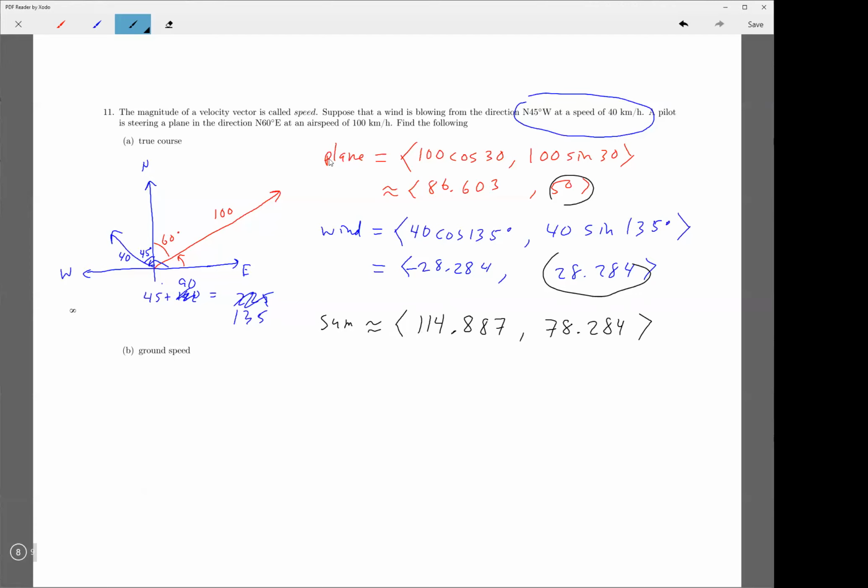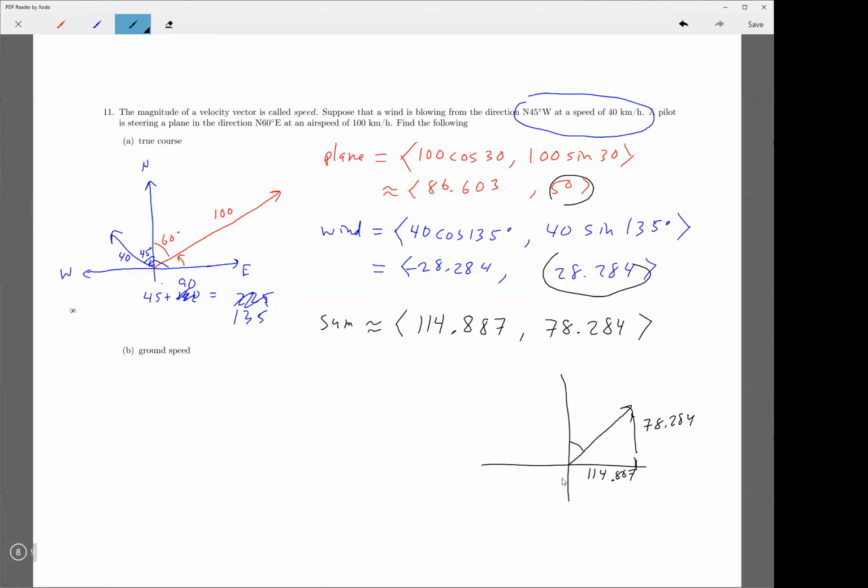Now, what do we need to do? This is the sum in component form, and we need to put it back into direction and magnitude. First, the direction, and they want it in terms of how far east of north you are. So this vector here is like that, and this is 114.887, and this height is 78.284.